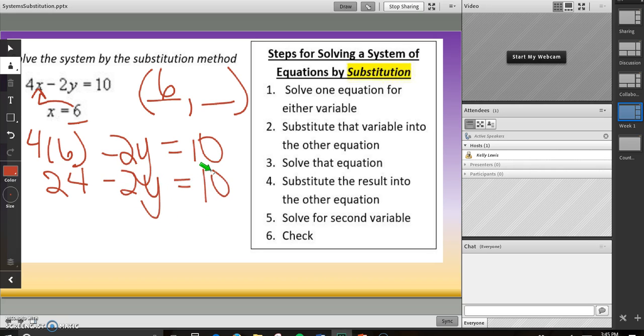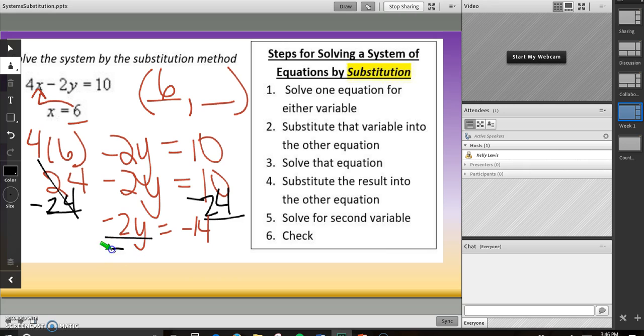Remember, when you have just a letter by itself, you need a letter to equal a number. When it's a y squared on the same side, or x and x squared on the same side, then you need to set it equal to 0. All right, I'm going to subtract 24 because 10 is a regular number. 10 minus 24 is negative 14.